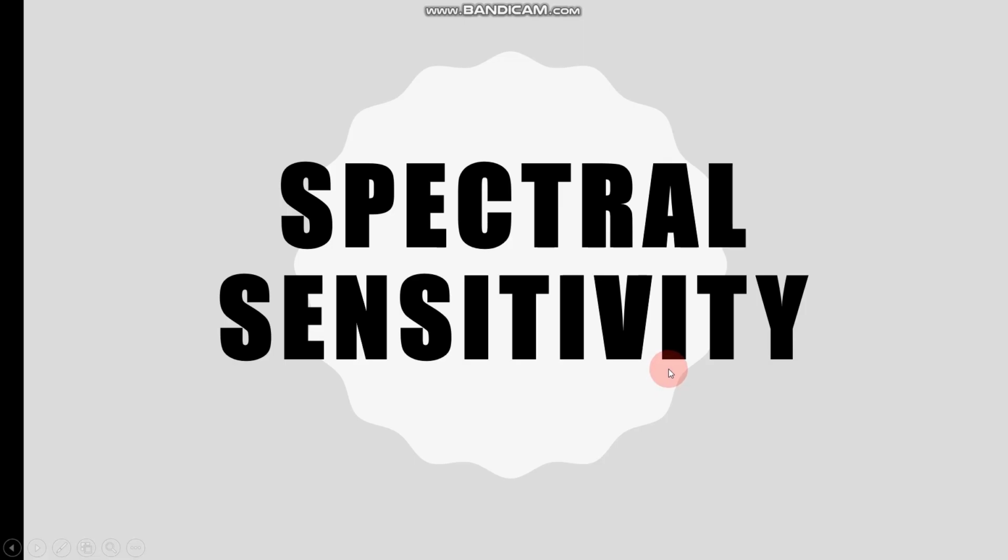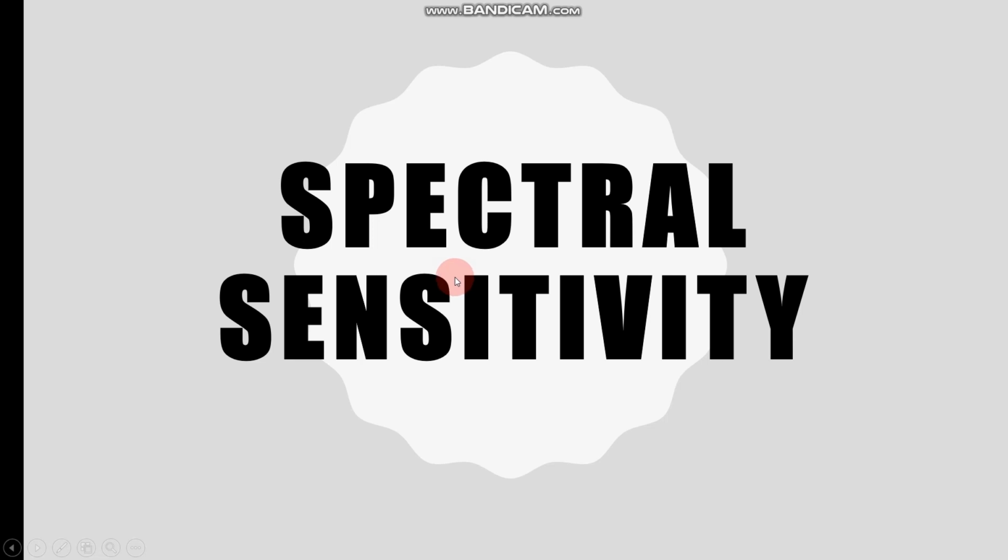Okay, another characteristic ni film or na properties ni film aside from the film speed, may tinutukoy din tayo na spectral sensitivity. So, yung sensitivity ni film with respect to each wavelength in the spectrum, the electromagnetic spectrum.